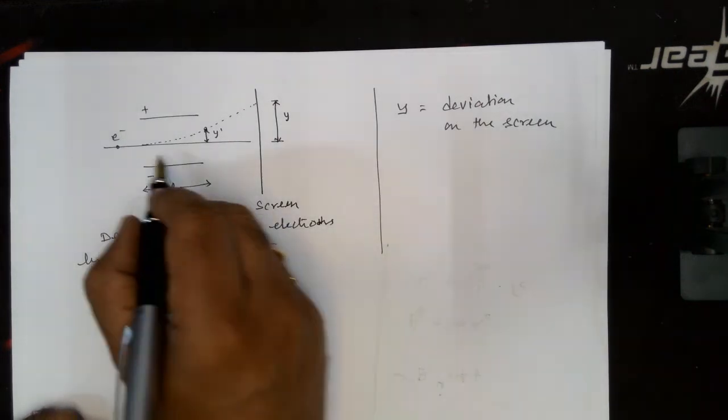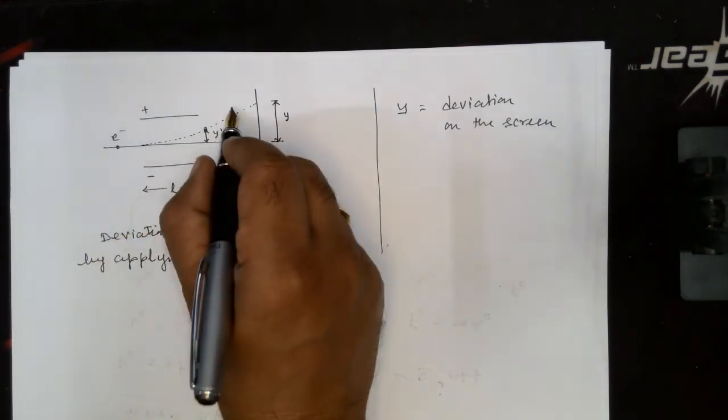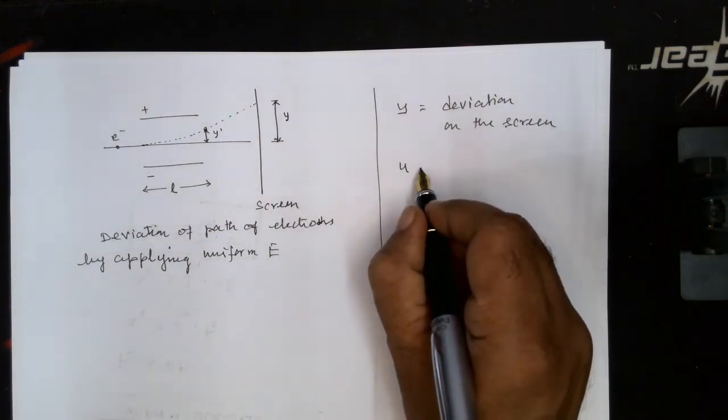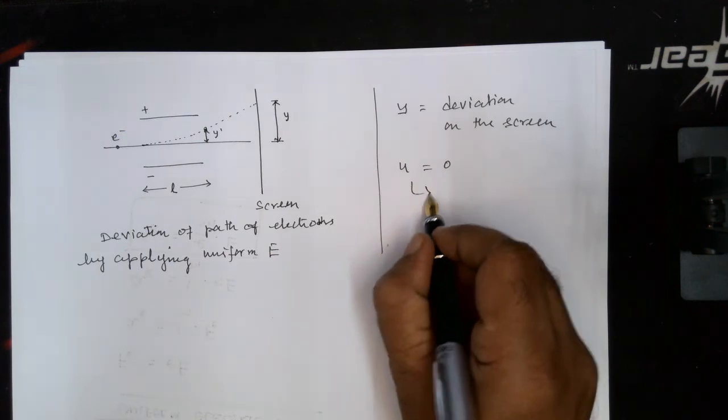So initially the upward velocity will be 0, is it not? So let me put u at this stage. So u is equal to 0. What is this u?